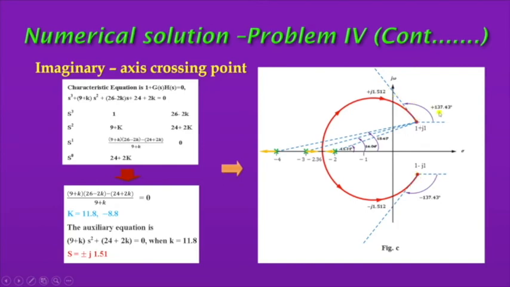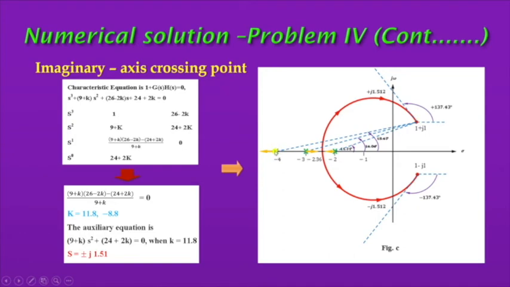So draw the plus 137.43 degree angle, and this angle is minus 137.43 degrees for this complex zero. Then this root locus enters this complex zero by this angle. Similarly, this one enters this complex zero by this angle.